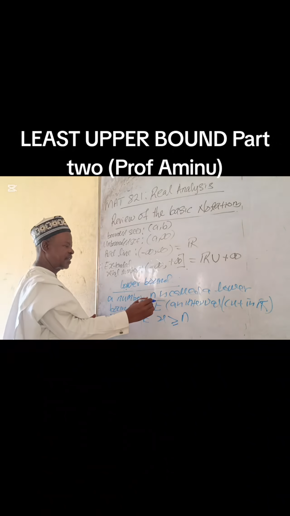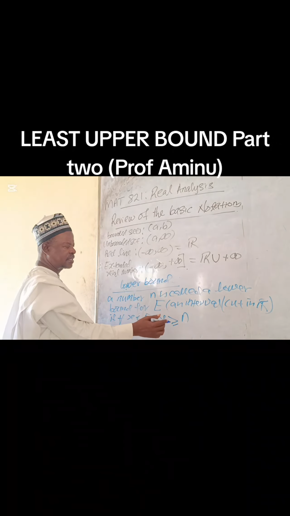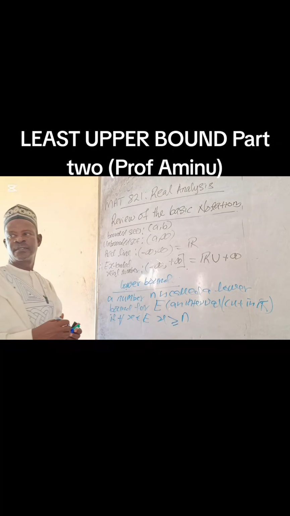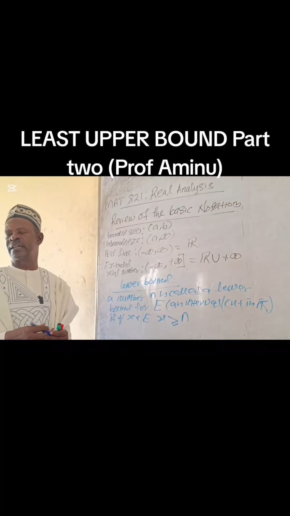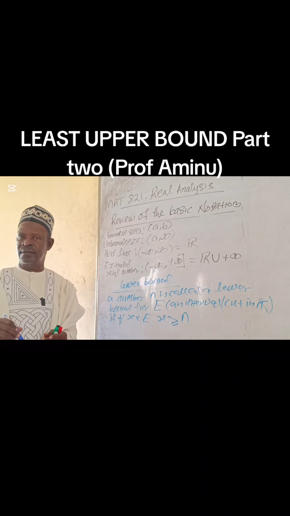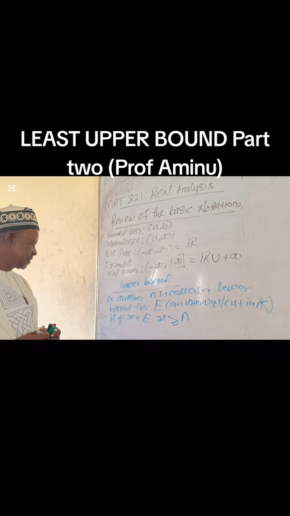Every element you pick in this interval, x, is bigger than, or at least equal to n. Then n is now called your lower bound.